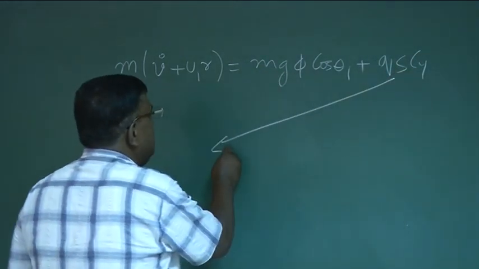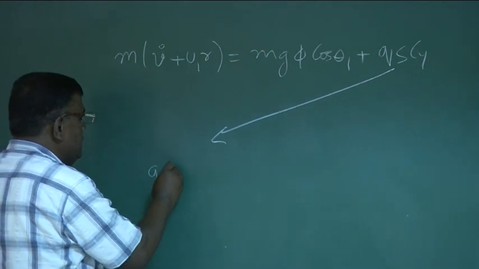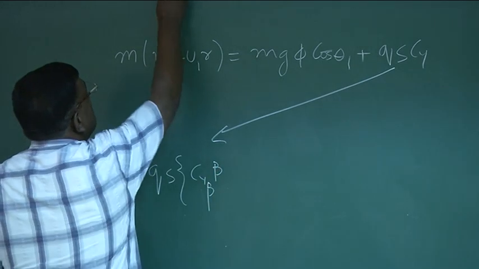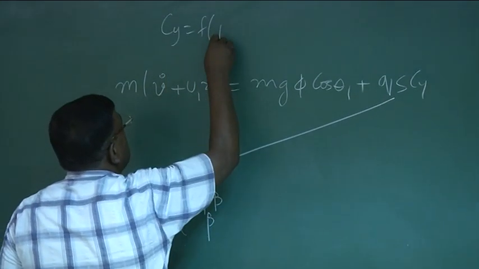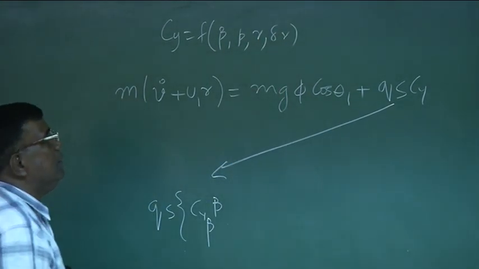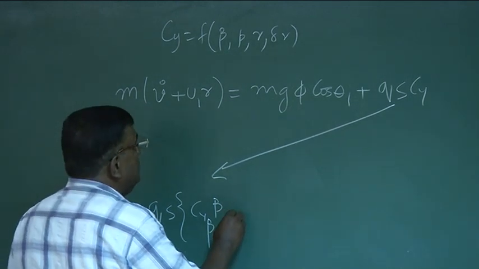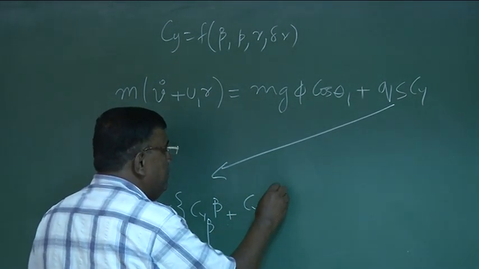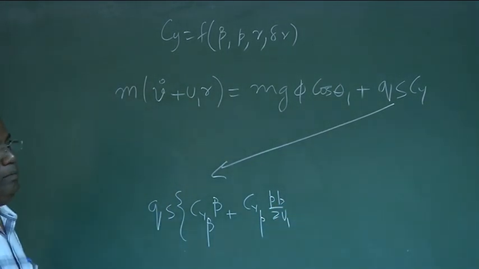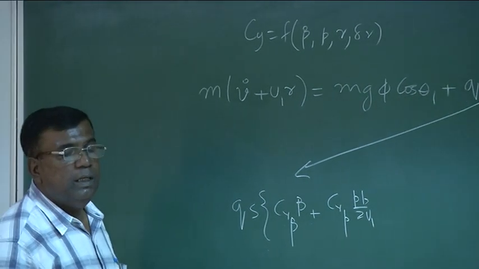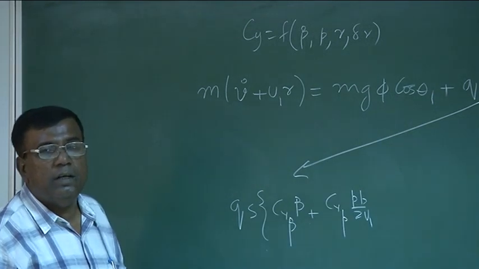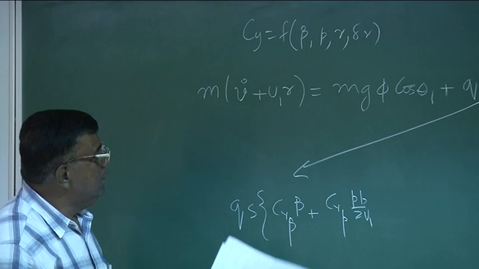So for Qs into Cy, I write Qs into Cy beta into beta, because I know Cy is a function of beta, P, R, delta R. Okay, so I write Cy beta into beta plus Cy P into Pb by 2u1. Now you understand why Pb by 2u1: because P is dimensional, so I have to make it non-dimensional. Same thing we did for the longitudinal case also for Q and alpha dot.